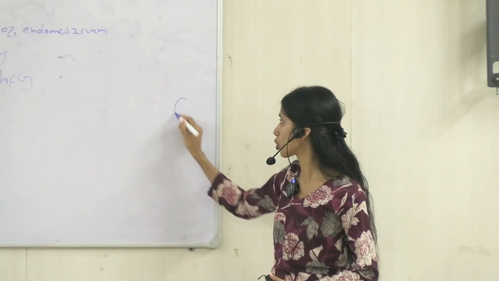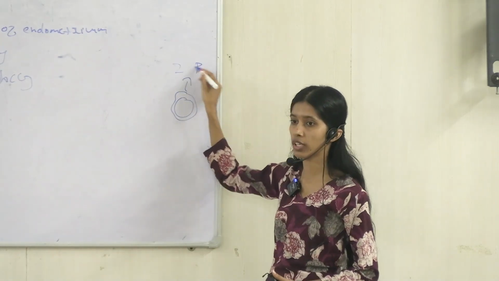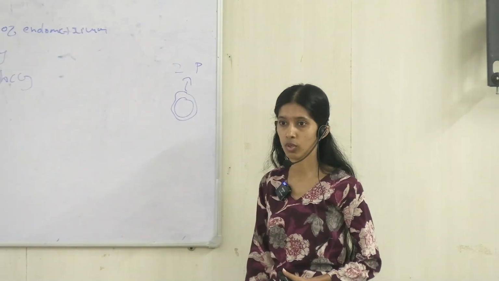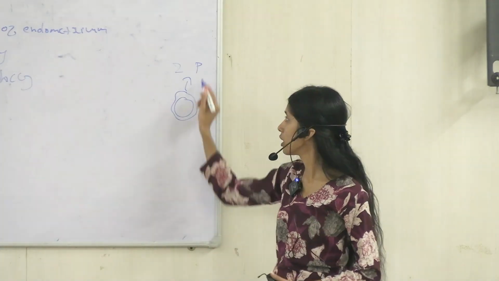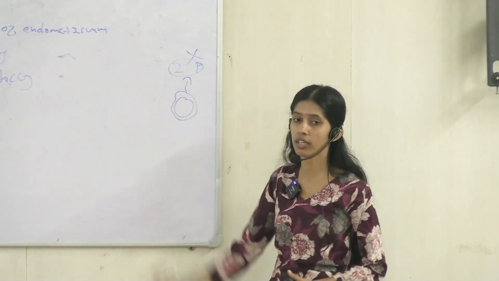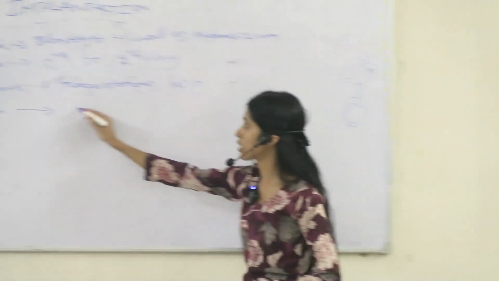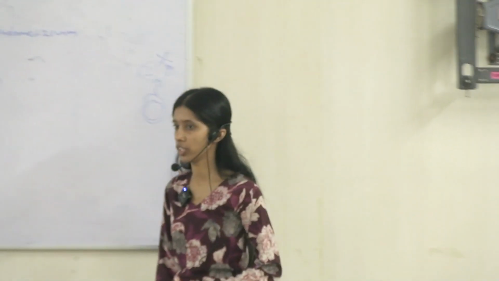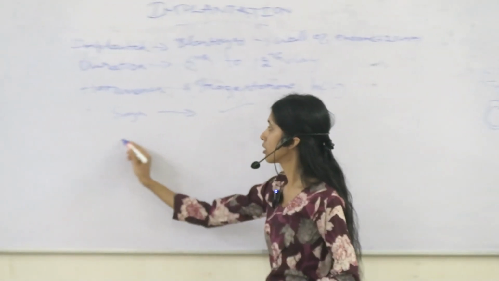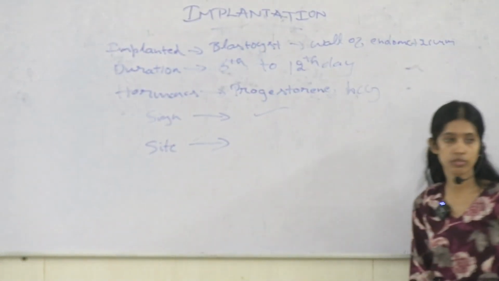At that time, it is covered by the Zona Pellucida layer. As soon as it reaches the uterine cavity, this Zona Pellucida layer will be removed. That is the sign that shows the starting of the implantation process. Next, the site of implantation, where implantation takes place.